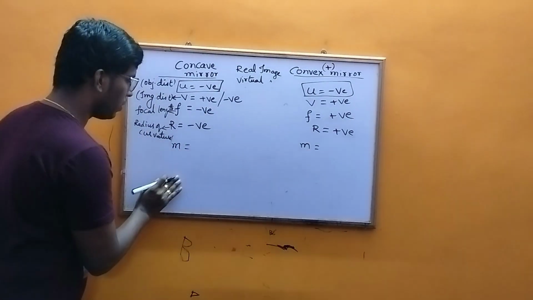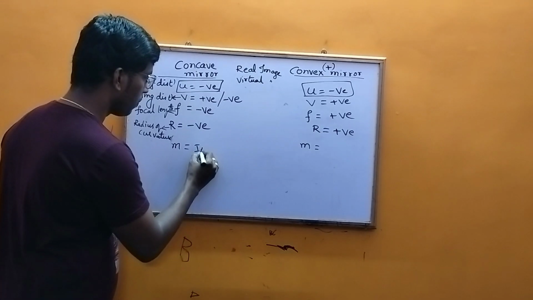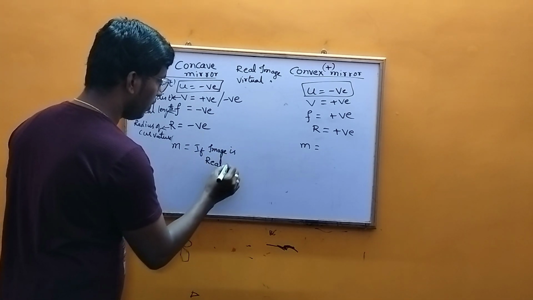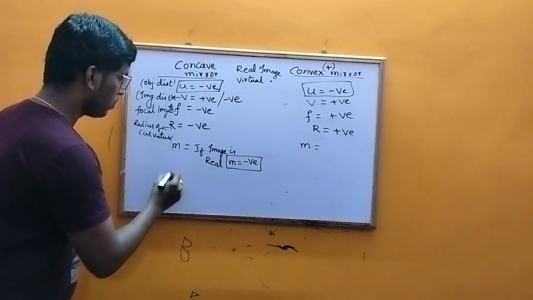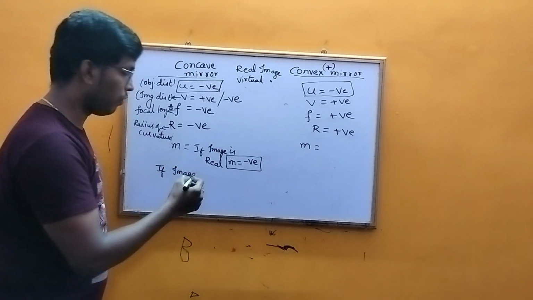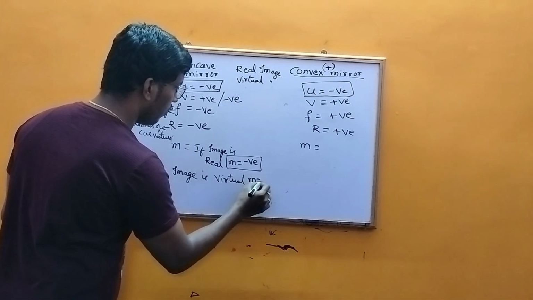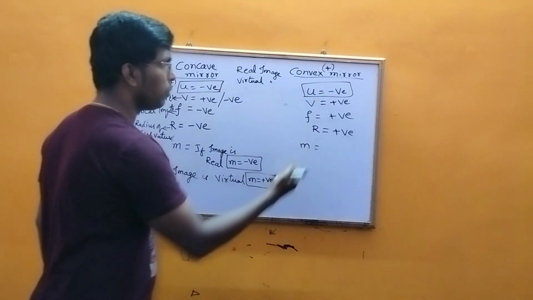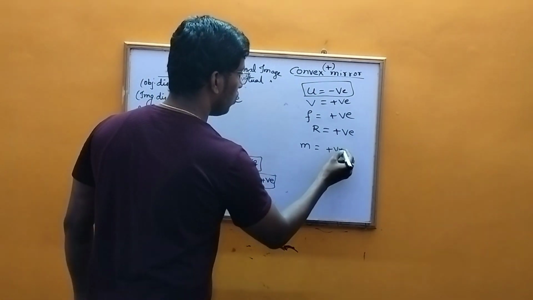For the magnification sign conventions, if the image is real, then the M value is negative. If the image formed is virtual, then the M value will be positive. What about a convex mirror? We always get virtual images only, so M is positive.